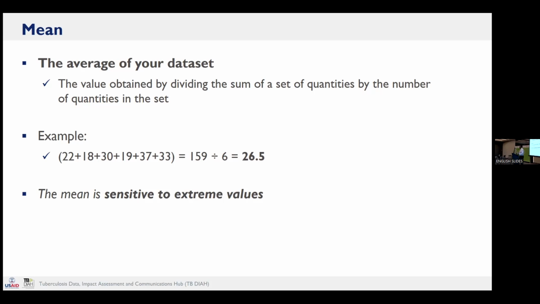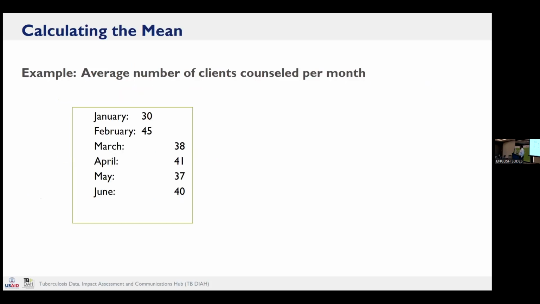So it's up to us, the program managers, to decide whether mean or median is the best way of measuring central tendency. We have some examples. We leave it to you in the evening when you have time. Go through this. Any questions? We are flexible in terms of time to go back and forth. Tomorrow, if you have any issue, we can bring some of your questions as part of cascade analysis.